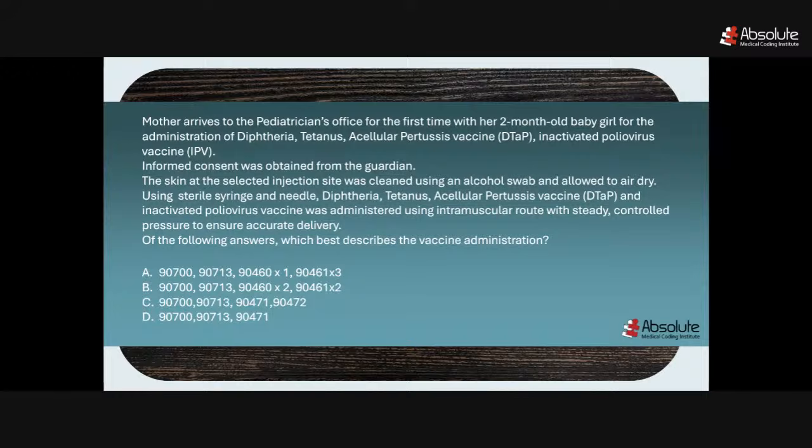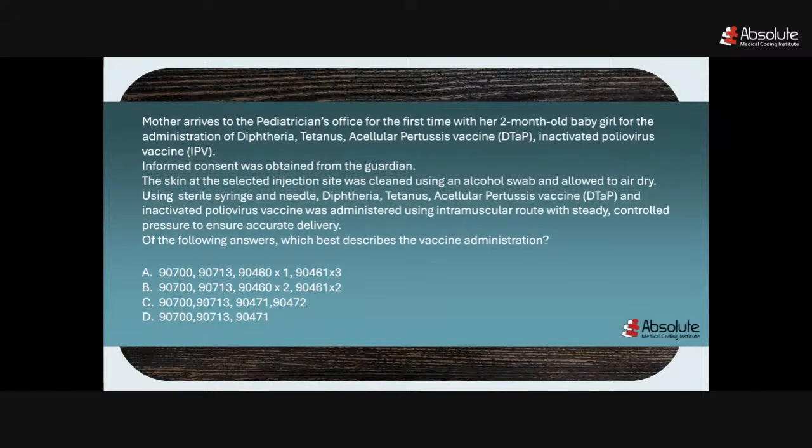Mother arrives at the pediatrician's office for the first time with her 2-month-old baby girl for the administration of diphtheria, tetanus, acellular pertussis, DTaP, and inactivated polio vaccine, which is IPV. Informed consent was obtained from the guardian. The skin at the selected injection site was cleaned using an alcohol swab and allowed to air dry.